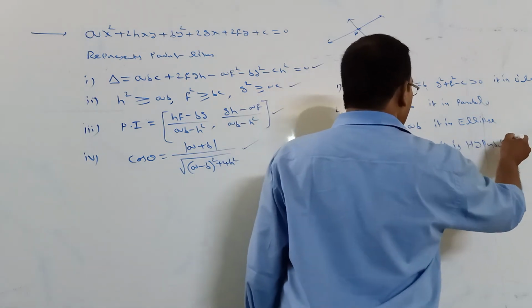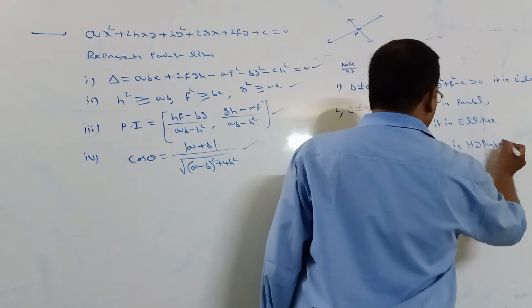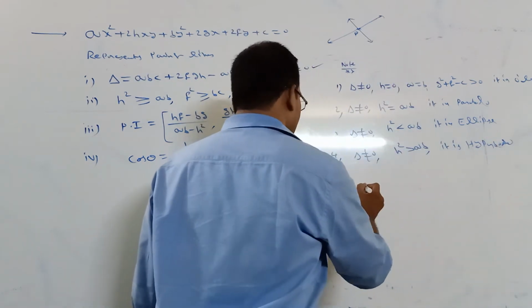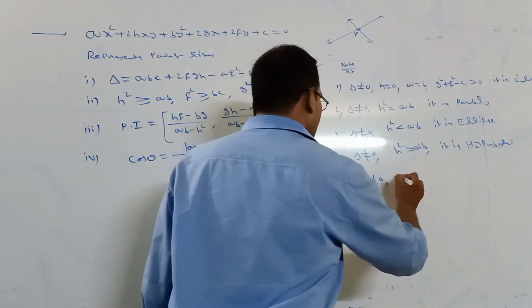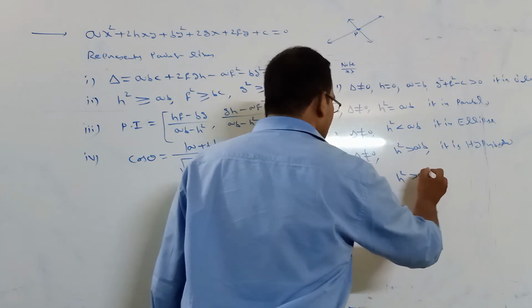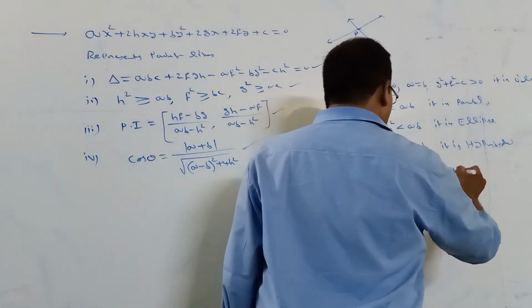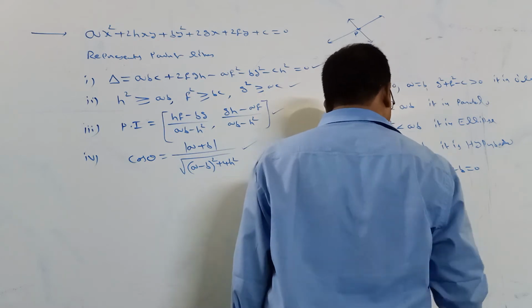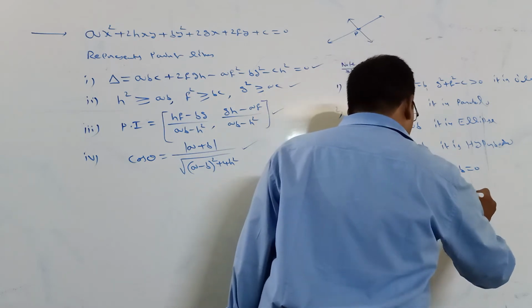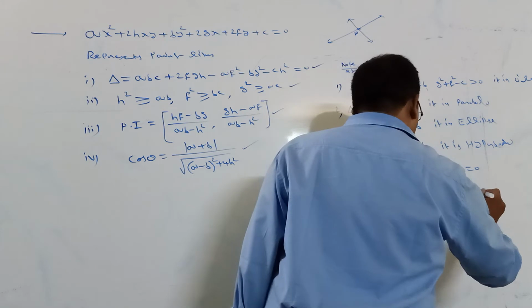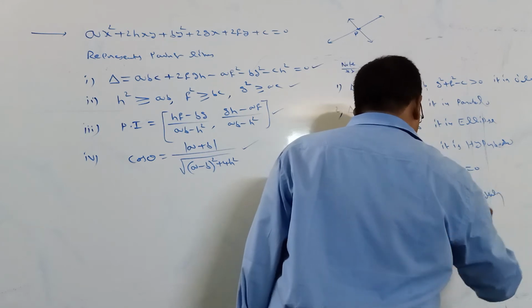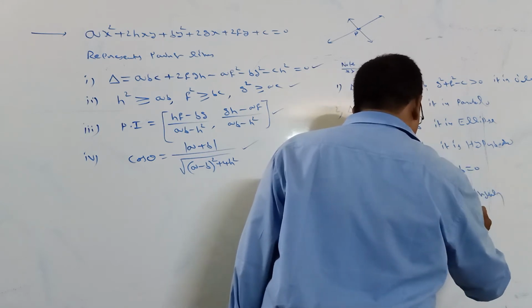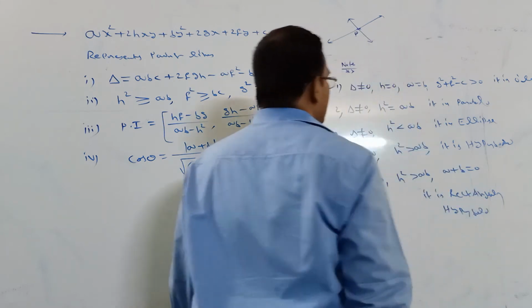Next, delta not equal to 0, h square greater than ab, and a plus b equal to 0, it is a rectangular hyperbola.